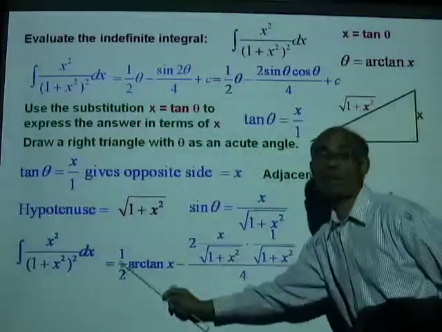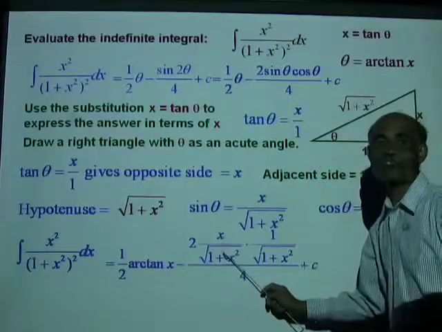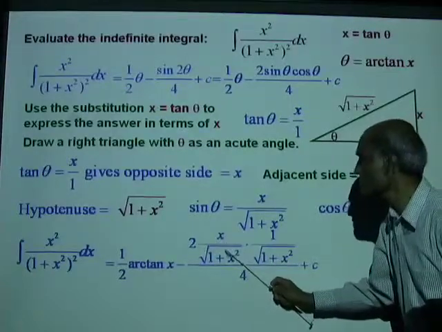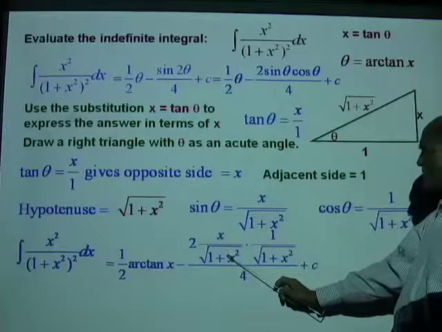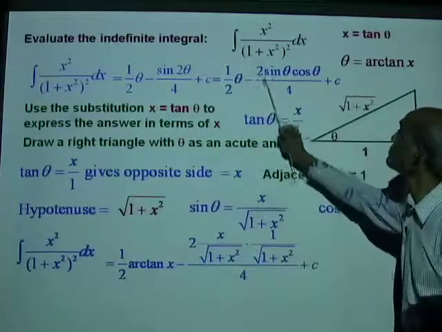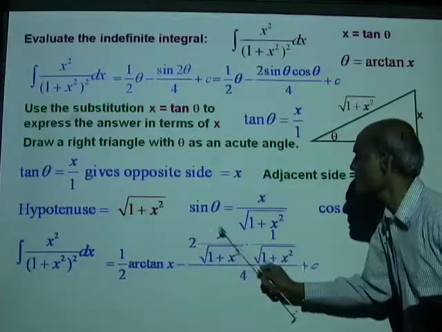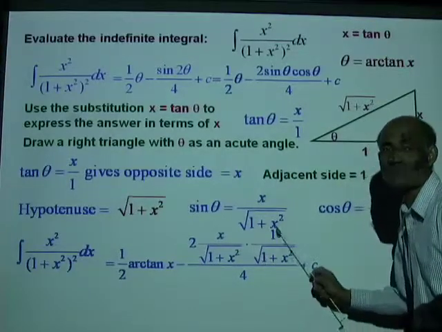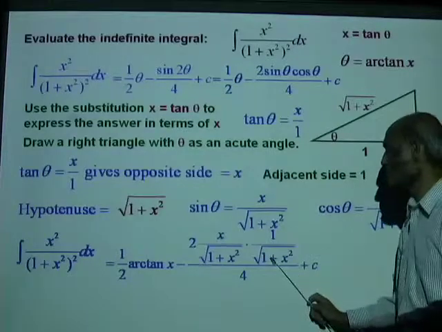1/2 of theta, 1/2 arctan x, minus sine theta cos theta. Here, this one is 2 sine theta. 2 sine theta is 2 times x over square root 1 plus x squared, times cos theta, which is 1 over square root 1 plus x squared.